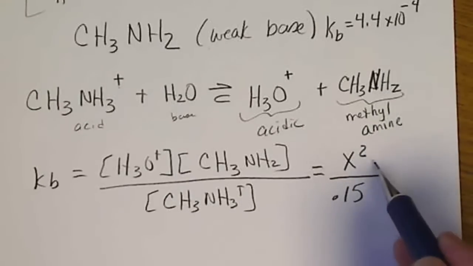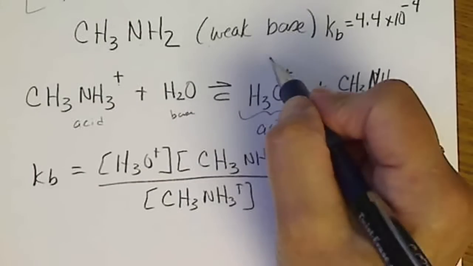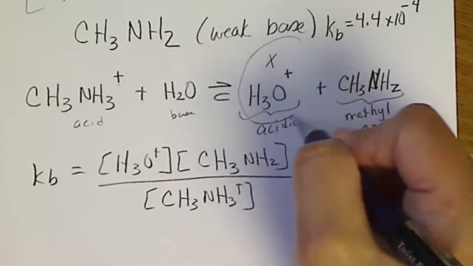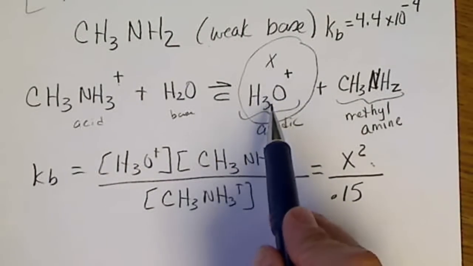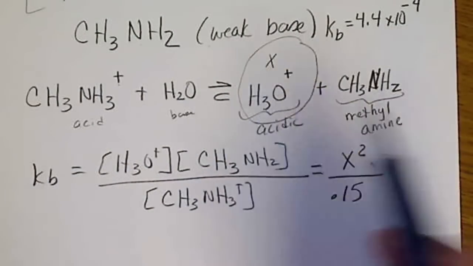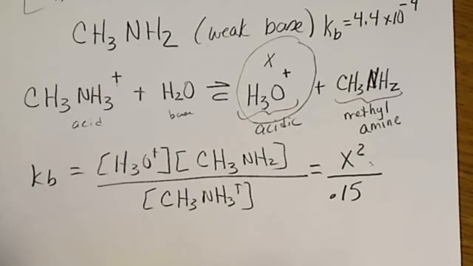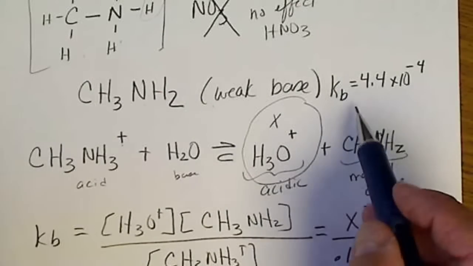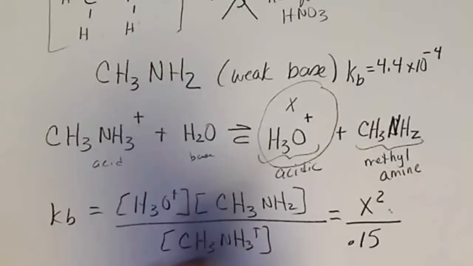So all I'm going to do is solve for x and take the negative log of x. And again, in this case, x stands for the H plus, or more formally speaking, the H3O plus. Okay, so we'll calculate the Ka value for this. This should be a Ka.